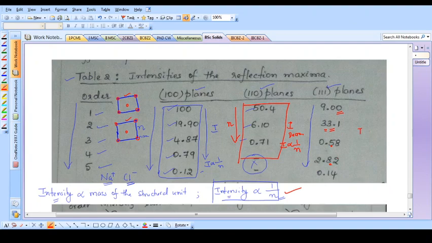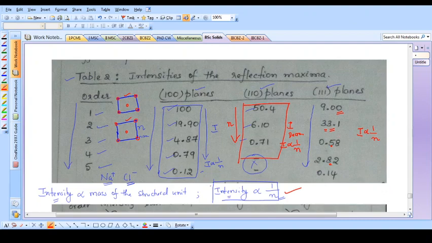So here I inversely proportional to n is not observed, because it is not varying uniformly. As n increases, I should decrease, but here what we are observing is an alternating variation of intensity. It increases and next decreases, again it increases, again it decreases. So what does it indicate?